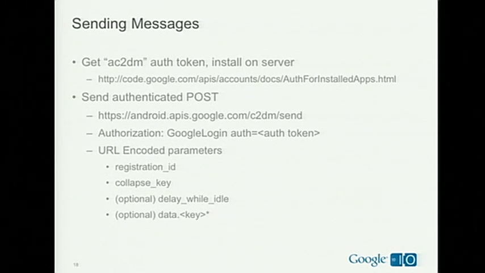You include the registration ID for the target application and device. You include a collapse key, which controls how messages are delivered when a device is offline. And you can also specify an optional delay while idle parameter, as well as some small amount of payload in the form of arbitrary key value pairs. We're going to talk about each of these parameters in turn.